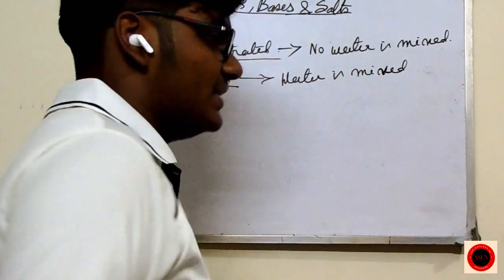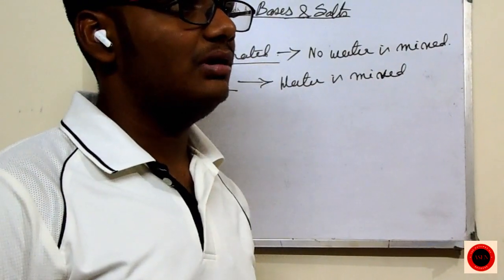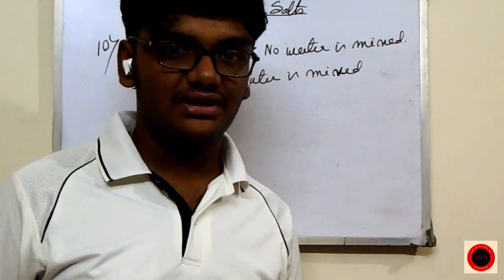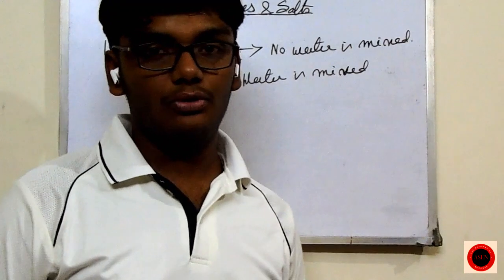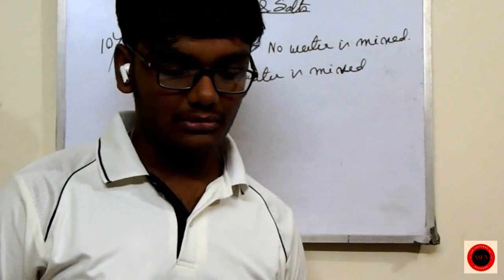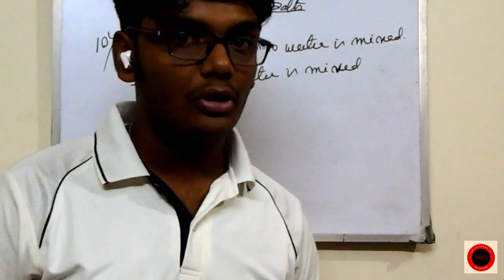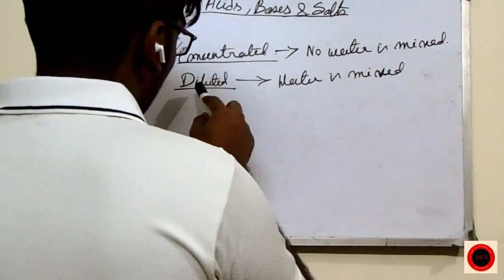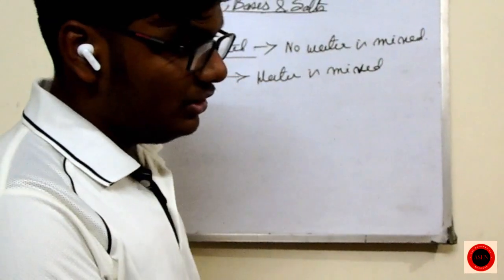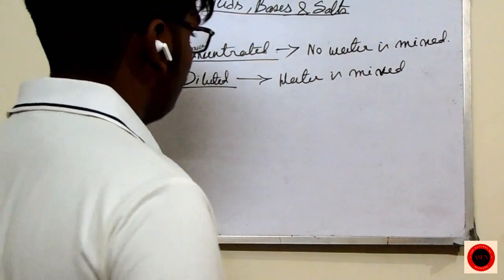Sometimes we use acid in a diluted way, because maybe we can't use the raw acid for some purposes, as it can explode. And you know, in a laboratory an explosion can be very harmful. So in that case we have to change the raw acid into a diluted solution.